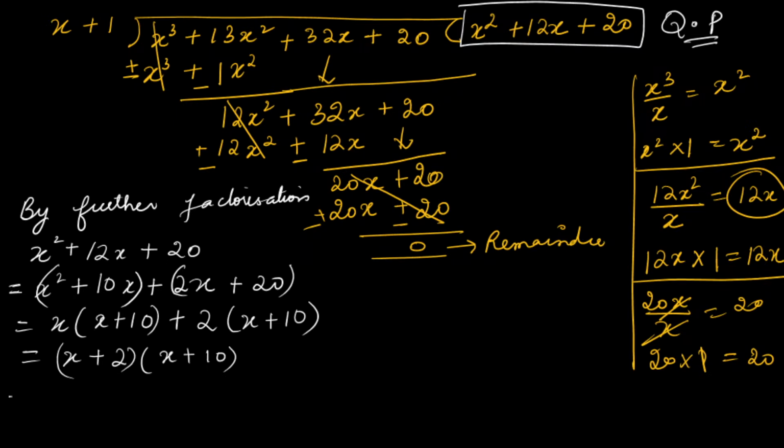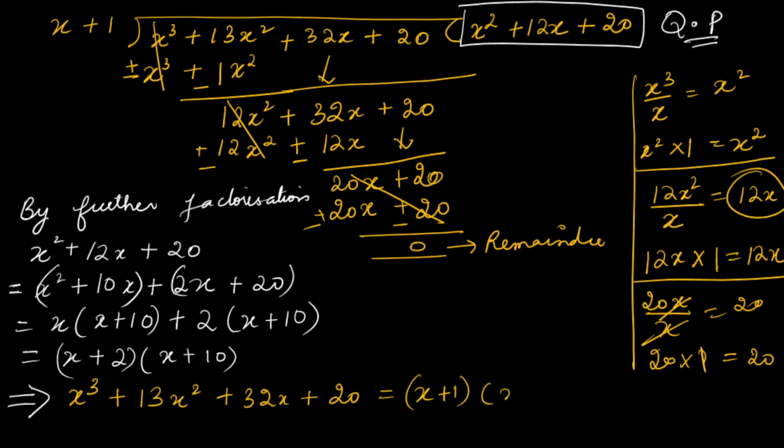I can write now x cube plus 13x square plus 32x plus 20. This is equal to x plus 1 into x plus 2 into x plus 10.